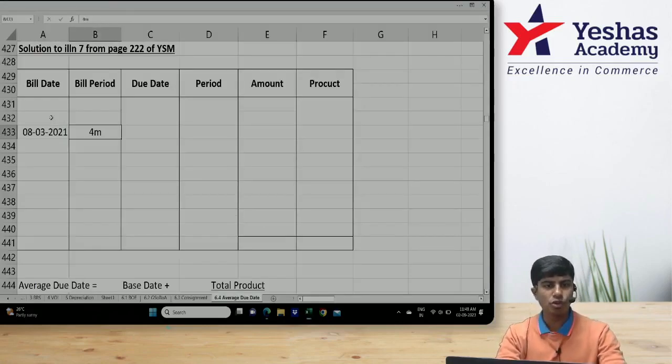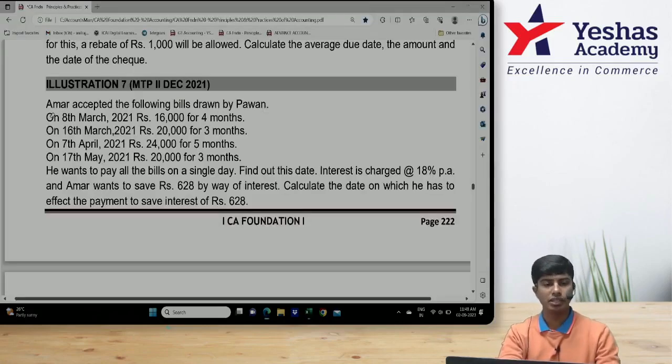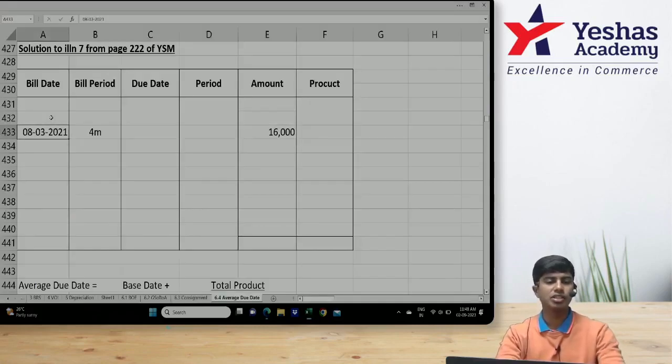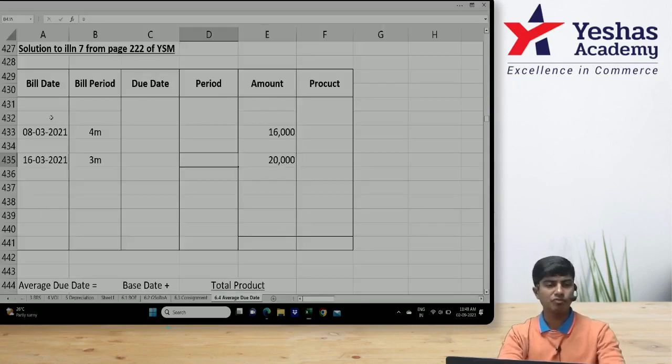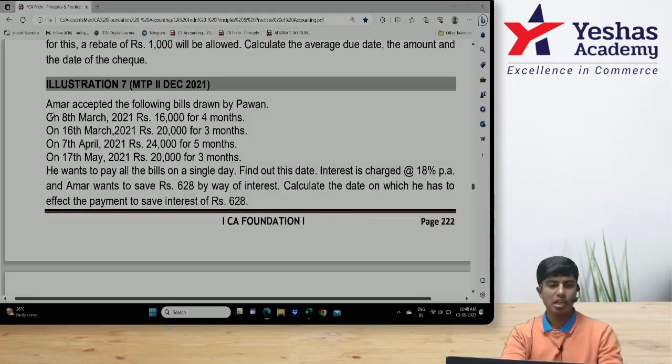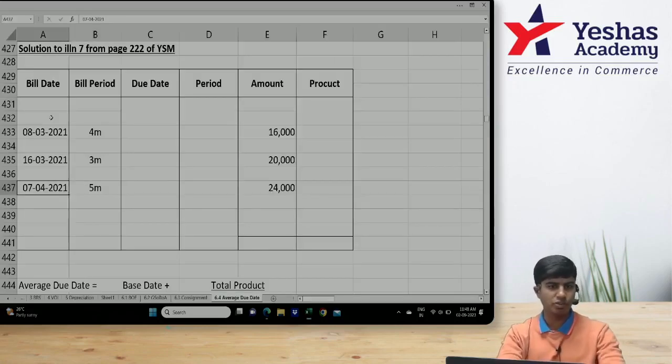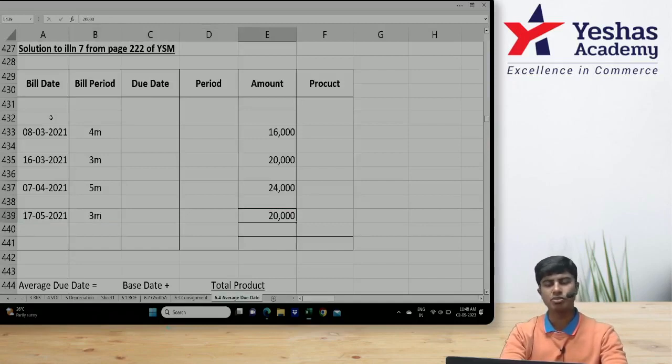Bill period is 4 months. Amount is 16,000. Then 16th March, 3 months, 20,000. Bill number 3. 7th April, 5 months, 24,000. Last one, 17th May, 3 months, 20,000.